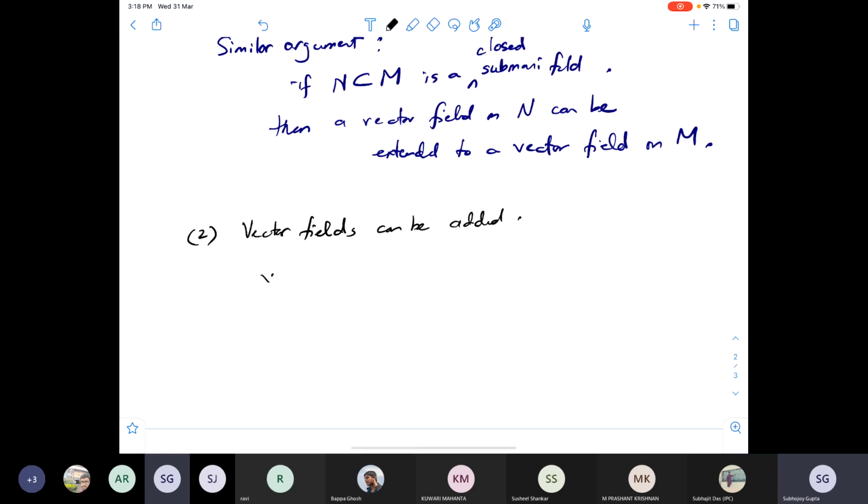If you have two vector fields Y and Z, you can talk of the vector field you get by adding Y and Z. At the point P, it's the vector in the tangent space obtained by adding the vectors assigned by Y and by Z. Because each tangent space is a vector space, you can do this addition at every point, and you get a new vector field.